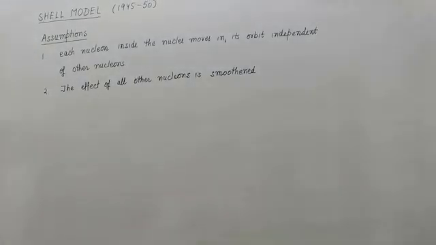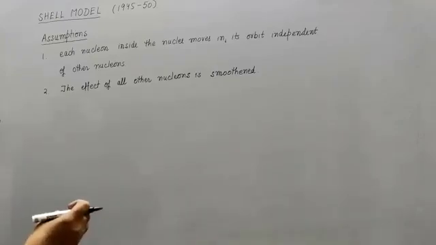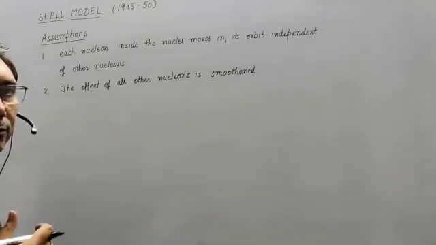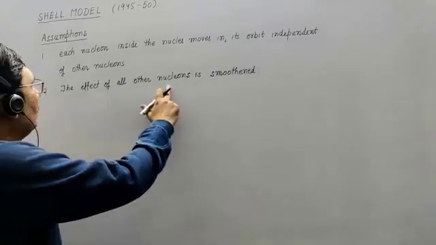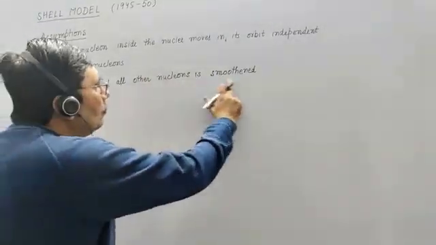This potential well will represent the force on any nucleon due to the presence of other nucleons. Basically, every nucleon is experiencing some type of force due to the interaction with other nucleons. So they smoothened the effect of all other nucleons.